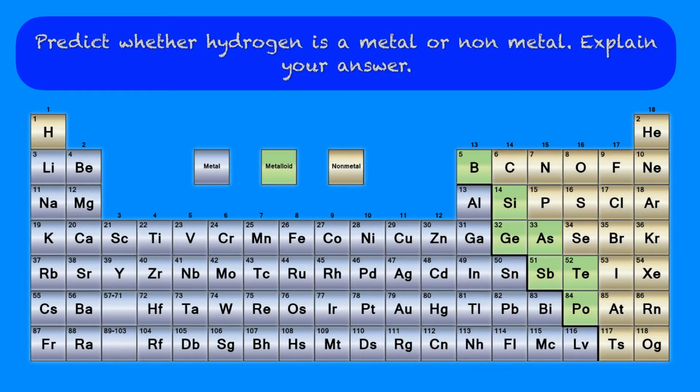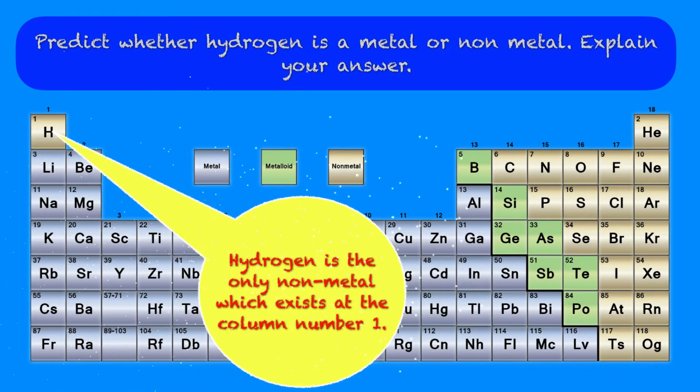Hydrogen is a non-metal due to the place in the periodic table. It's the only non-metal in column 1. Great. So, you said all elements at the left side of the periodic table are metals except hydrogen. Hydrogen is the only non-metal which belongs to column 1.